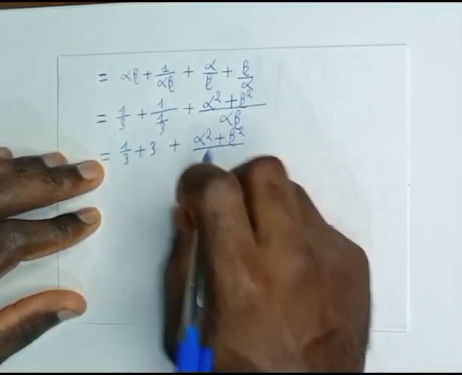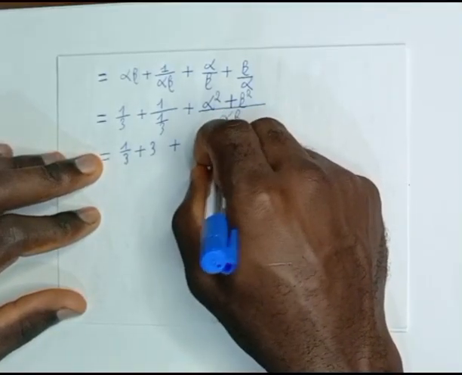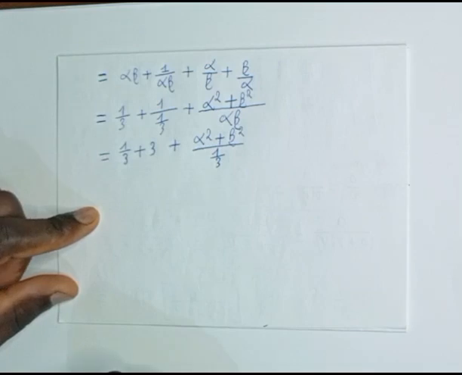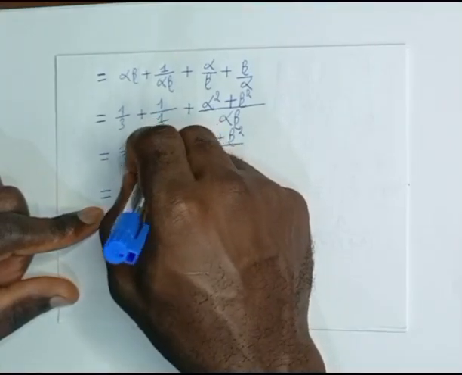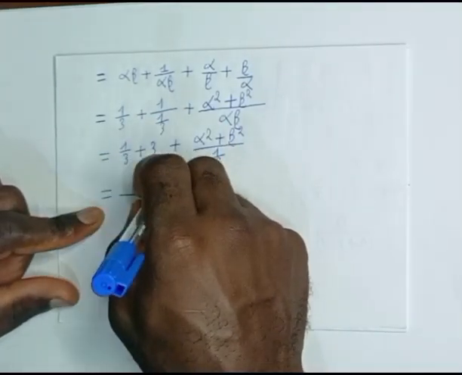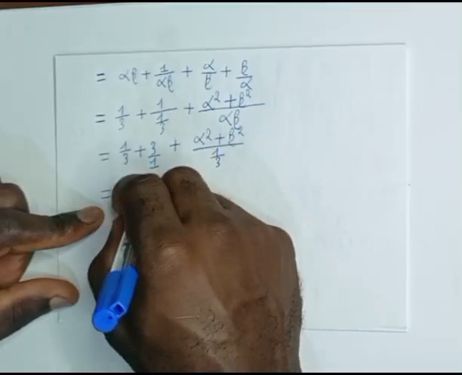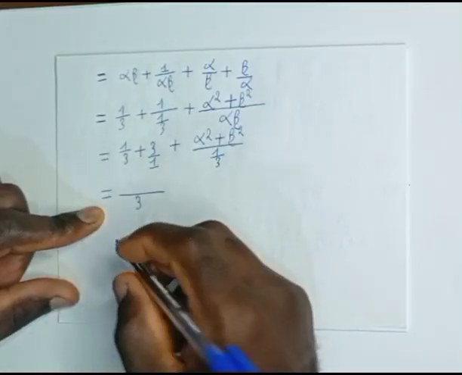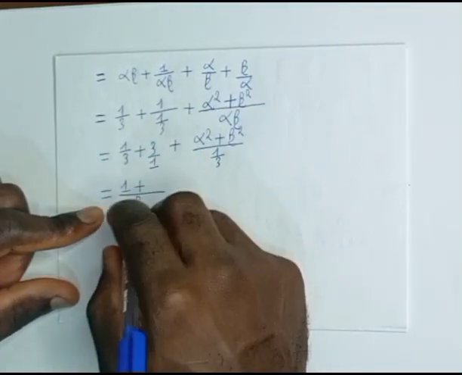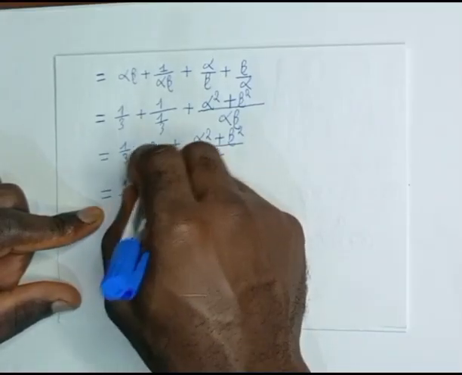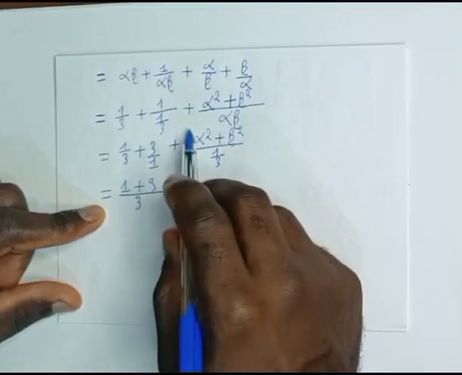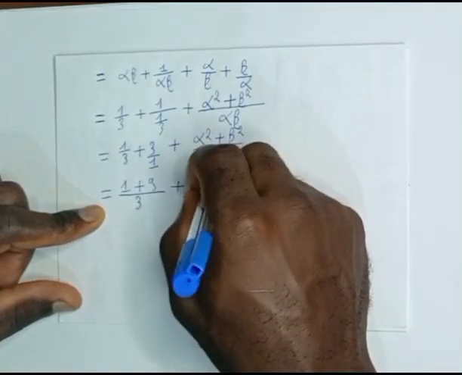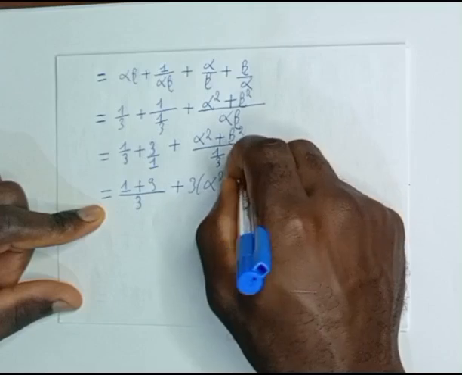We know alpha beta is equal to 1/3. This will simply be equal to 3, which here can be expressed as 3 over 1. The LCM of 3 and 1 is simply 3. 3 divided by 3 gives 1 times 1, 1, plus 3 divided by 1 gives 3 times 3, 9, plus the reciprocal of 1/3, 3 goes up, plus 3 times alpha squared plus beta squared.